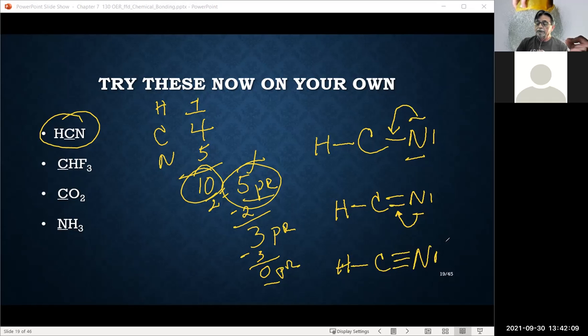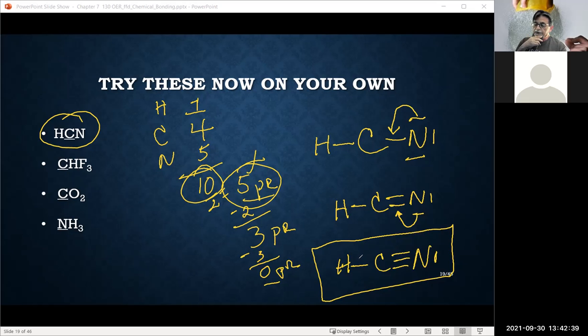All right, now, final thing, check the octet or duet around everybody. Nitrogen still has 8 electrons. 3 pairs are shared with carbon in a triple bond. That's a total of 6 electrons shared with carbon, and 1 pair is a lone pair, okay?